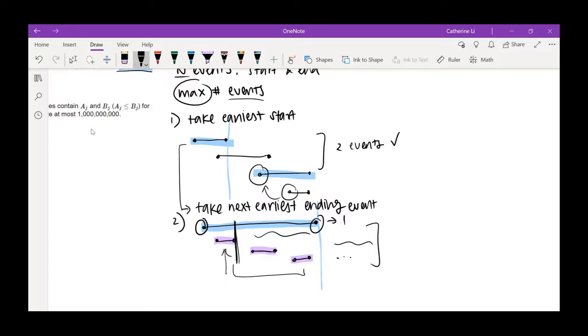So the idea is that you have to think through when a greedy algorithm is actually going to work and give you the correct answer. For this first one, it actually doesn't work, right? So it's not correct.